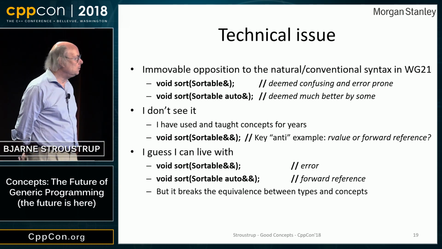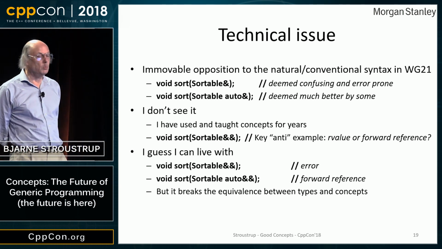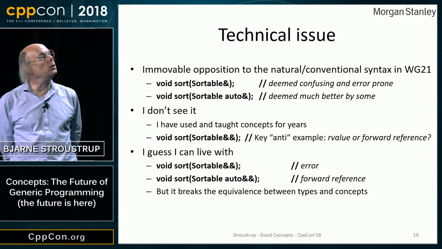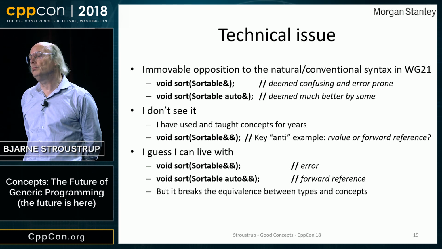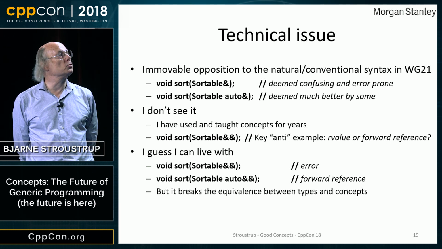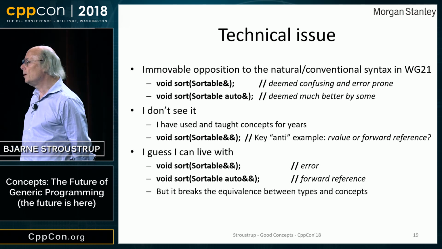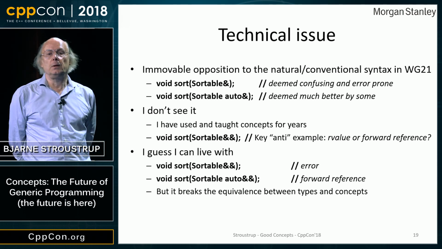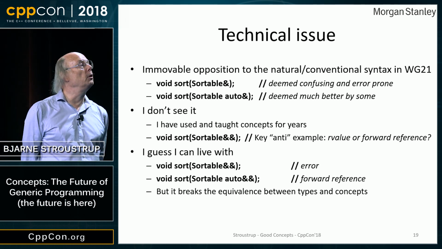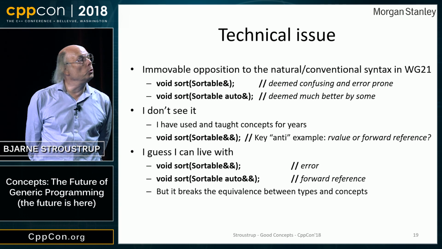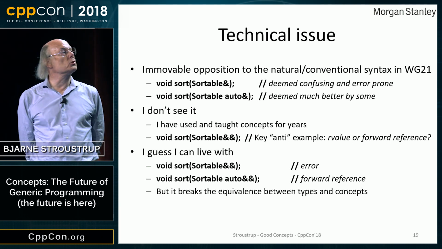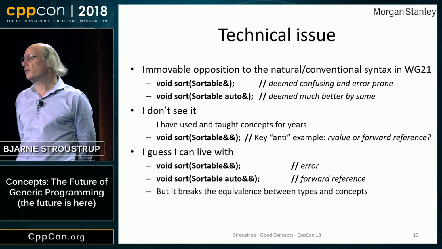The syntax here met immovable objections in the standards committee, so it's unlikely you'll be able to say sort of Sortable. You will probably be able to say sort of Sortable auto stuff. People seem to like that better. It's a compromise proposed by Ville Voutilainen, so you can get very close to what I'm saying here. One of the main reasons there is a discussion is Sortable of ref.